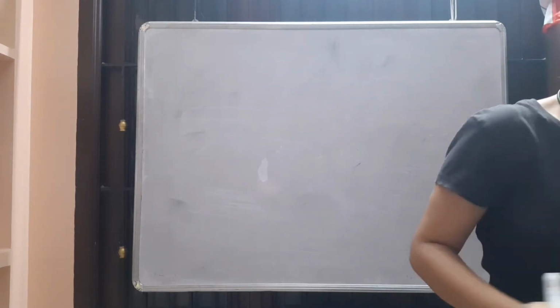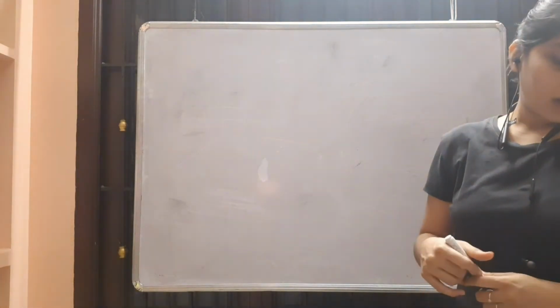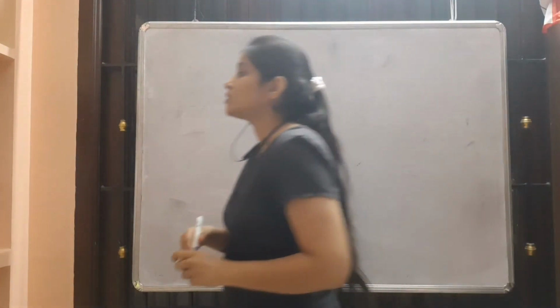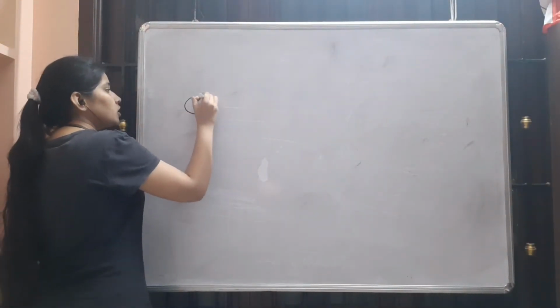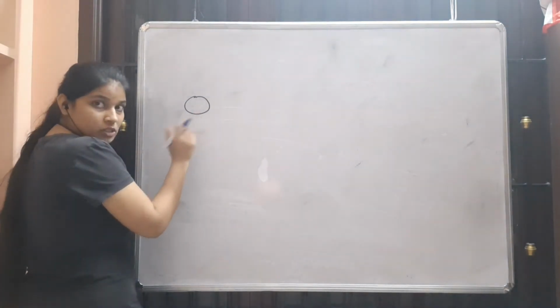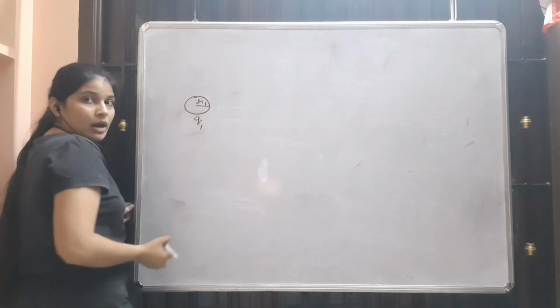A small sphere of radius r1 and charge q1 is enclosed by a spherical shell of radius r2 and charge q2. So first you are having a small sphere. So this is a solid sphere. It is having a charge of q1 and a radius of r1.